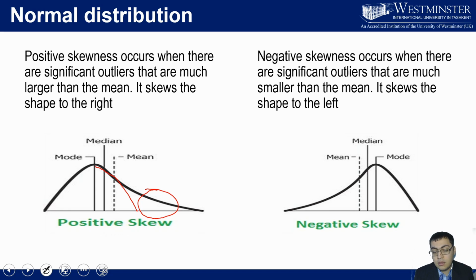If you look at the next distribution over here, this one has a negative skew. Again, if you think of this as a symmetric distribution, what you have are a large number of outliers that are much smaller than the mean, and what that serves to do is skew or tilt this probability distribution towards the left.